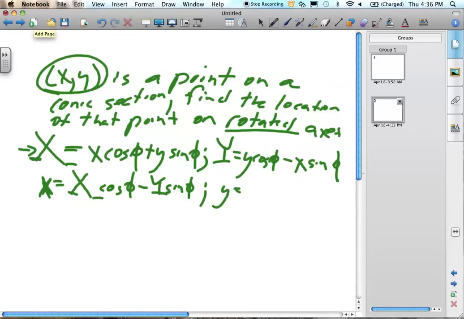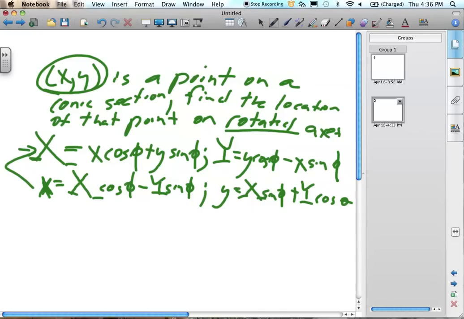And the y coordinate is the rotated x coordinate, sine of the angle, plus the rotated y coordinate times the cosine of the angle. All four of these equations are going to be very, very important in what we're going to do next.